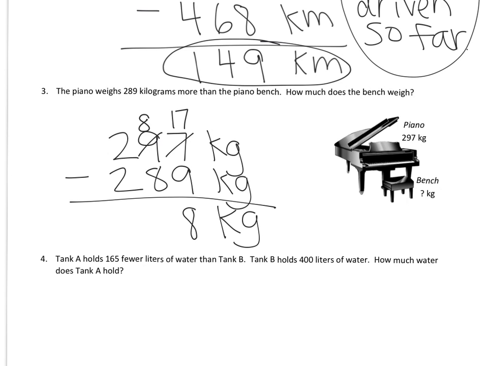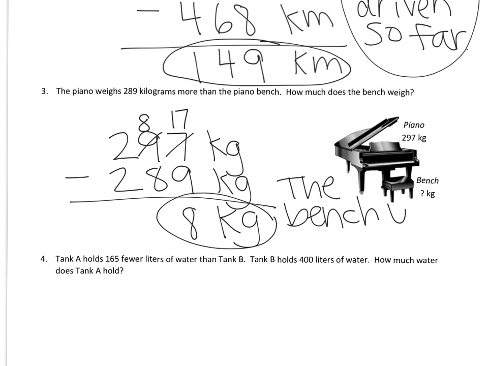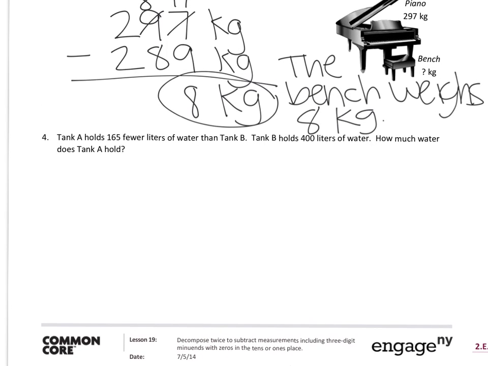You can write your zeros if you would like to, but you don't have to. So my answer is 8 kilograms. The bench weighs 8 kilograms. All right, we have one last problem to do.